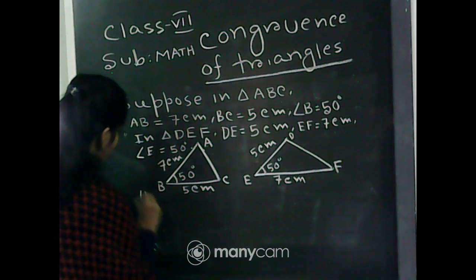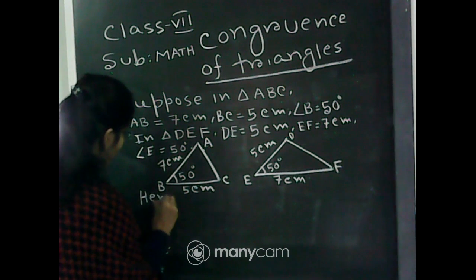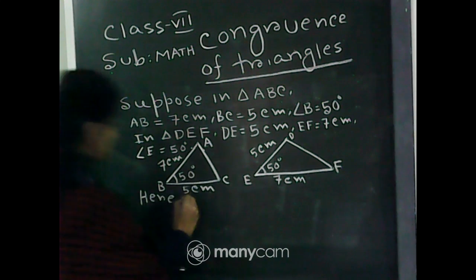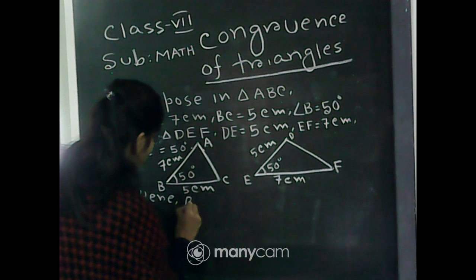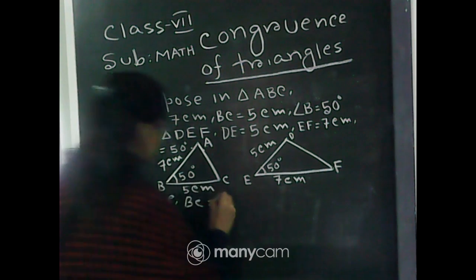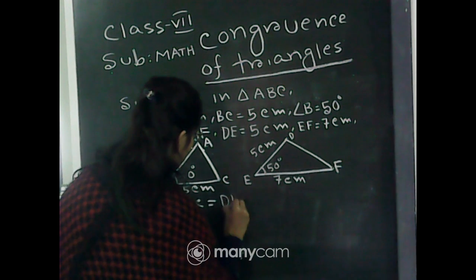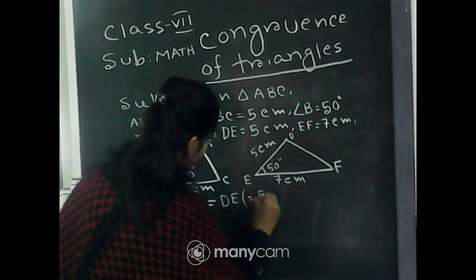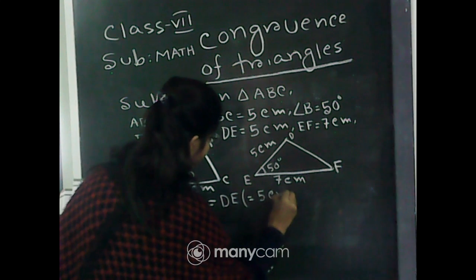Here we see that BC is equal to DE is equal to 5 cm.